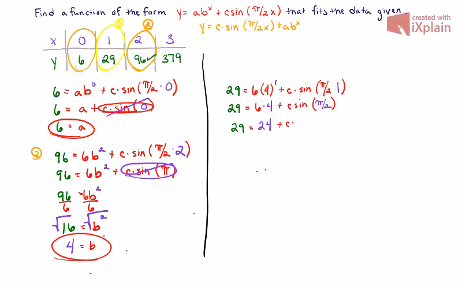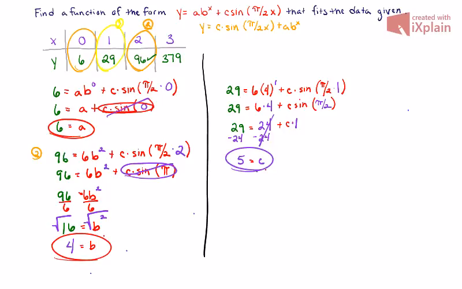That's going to give us a 1, so times 1. We can subtract 24 from both sides. And this is going to give us 5 is equal to c times 1, so we have c is equal to 5.